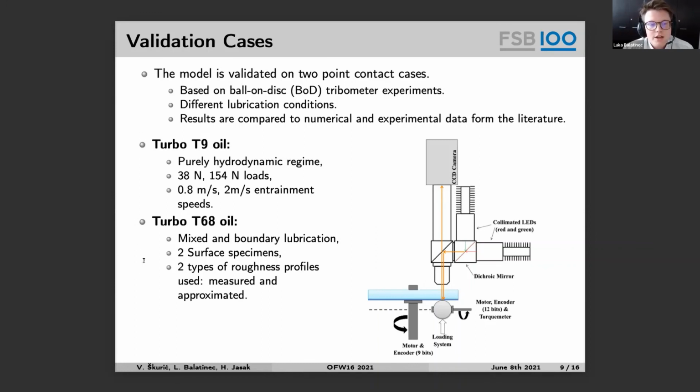Both of the cases are named after the lubricants used in the case. First, we have the Turbo T9 oil, which is used to validate purely hydrodynamic regimes for different loads and different entrainment speeds. And then we have the Turbo T68 oil, used to validate both mixed and boundary lubrication for different surface specimens and different types of roughness profiles, both the measured and approximated roughness profile.